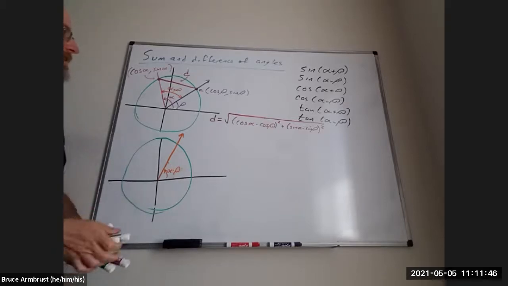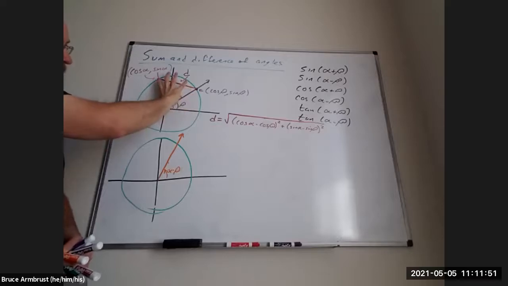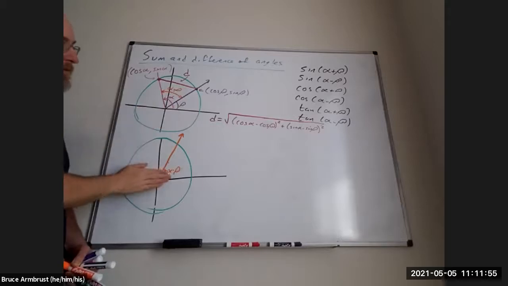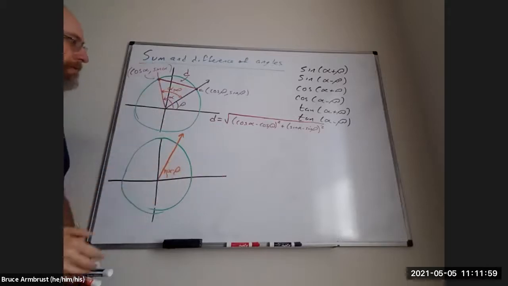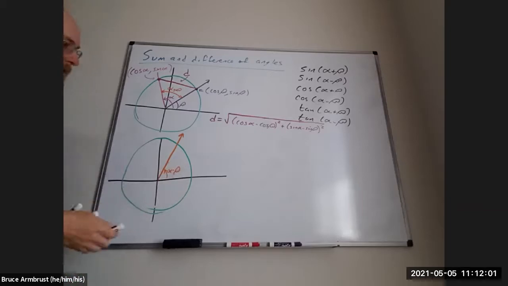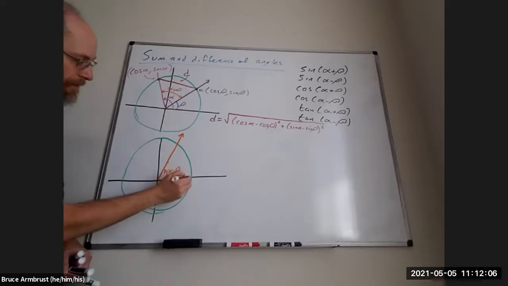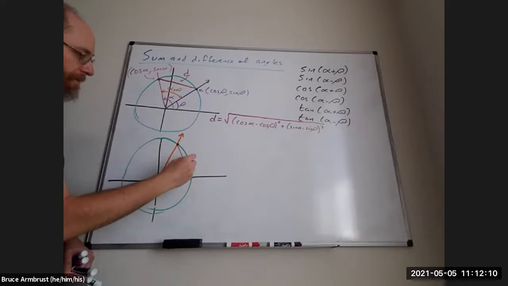So in essence, all I did was take this picture and rotate it so that the purple is now on the positive x and the pink is where the orange is. And so that means that distance D is actually this same distance D right here.